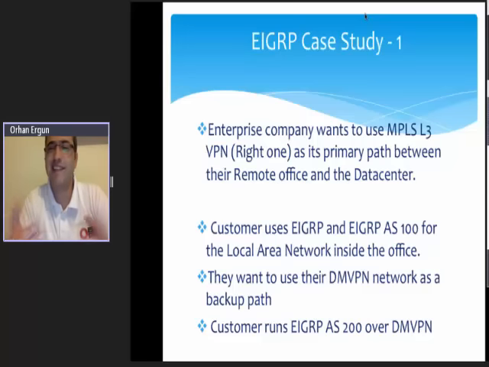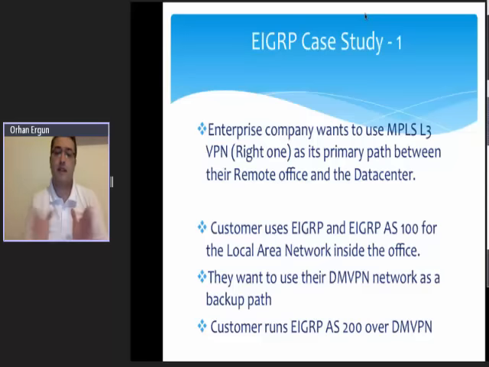So that specific architecture is called 2547 over DMVPN. 2547 is the RFC number of MPLS Layer 3 VPN.